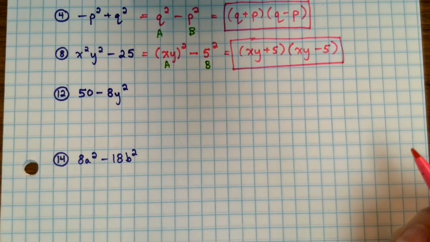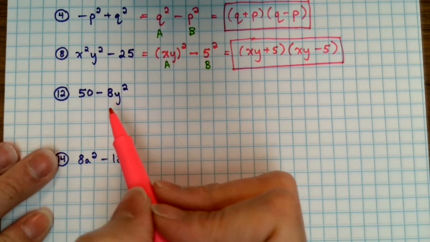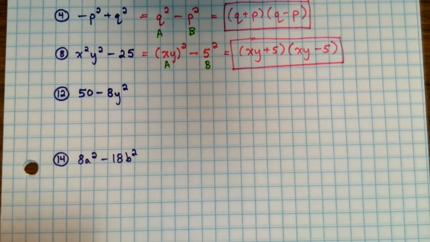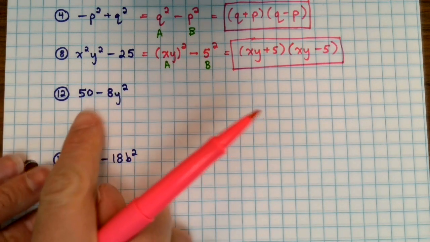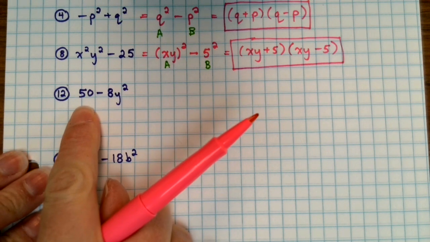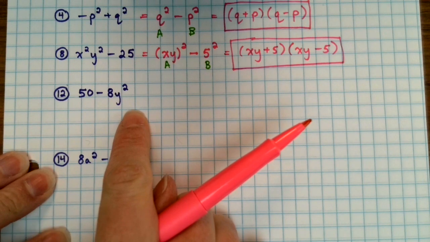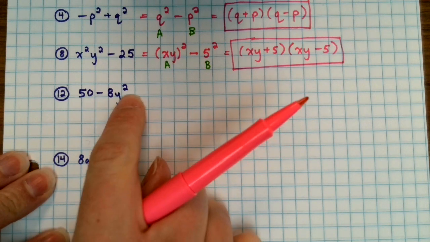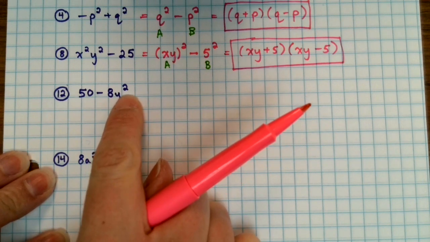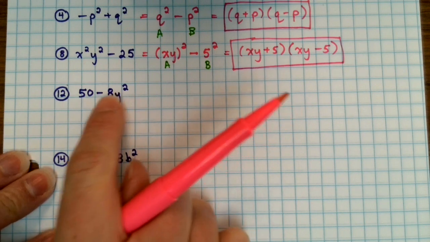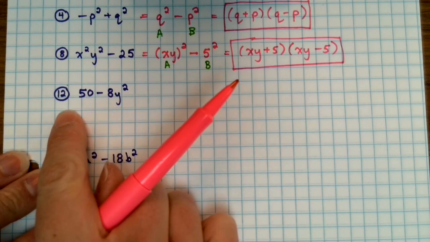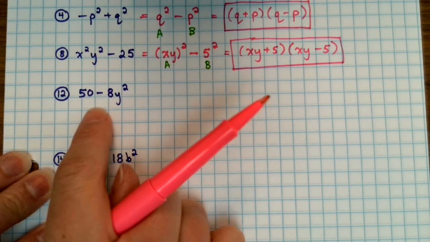The next example, again, is one where it's disguised, but it is going to end up being a difference of squares question. And a lot of times to be able to tell this, it's because you only have two terms. So it's not a trinomial to try to factor. And we do have this exponent here where we see that something is being squared. So to start this problem, we're going to start off by saying, okay, is there something that I can factor out of both 50 and 8?